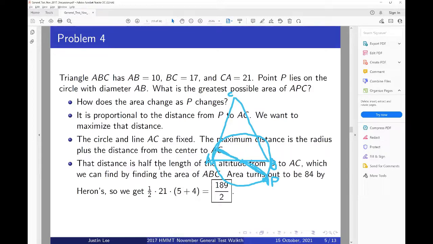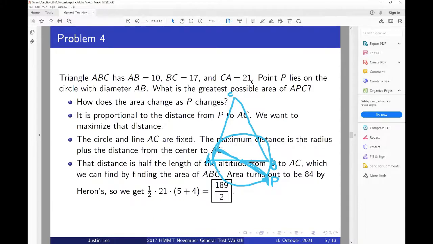With Heron's, knowing the side lengths, we get that the area is 84. And so the altitude from B to AC is 8. So the distance from P to AC is 9. And our area is, yes, indeed, 189/2.